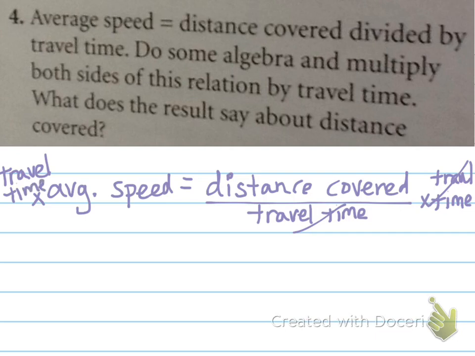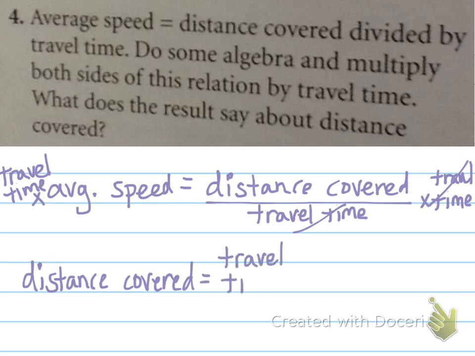So what does the result say about distance covered? If we want to figure out how far we've gone, we're going to take our travel time and multiply it by our average speed. And again, this is the idea that you use when you're planning a trip, if you want to know how far you're going to get in a day, or that sort of thing.